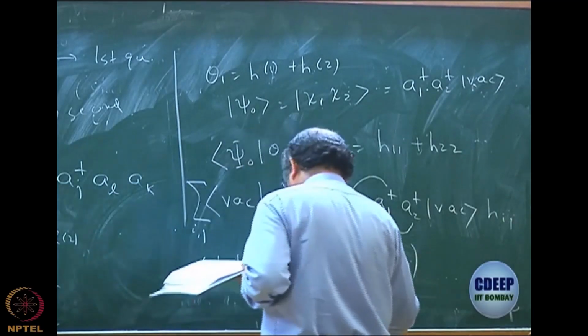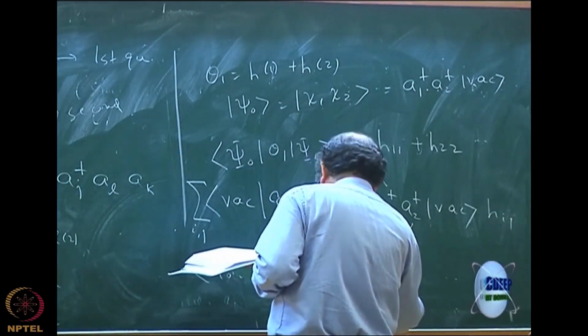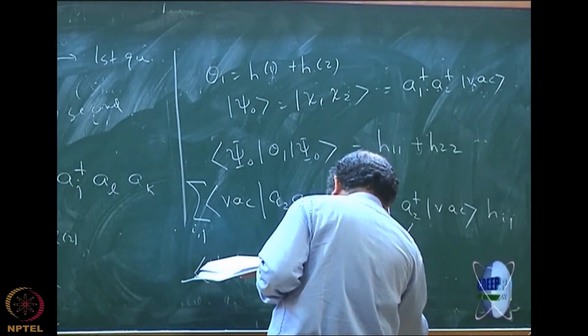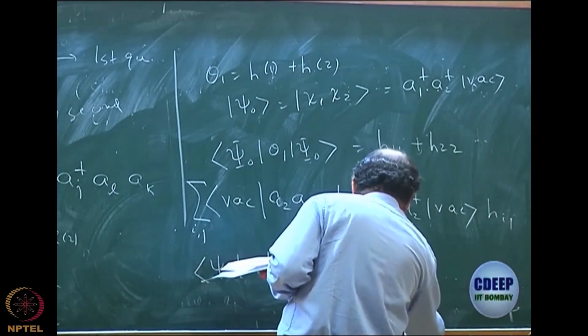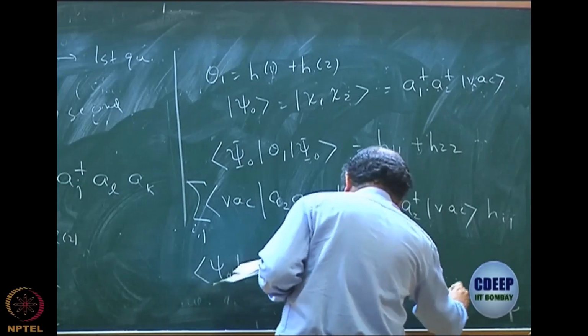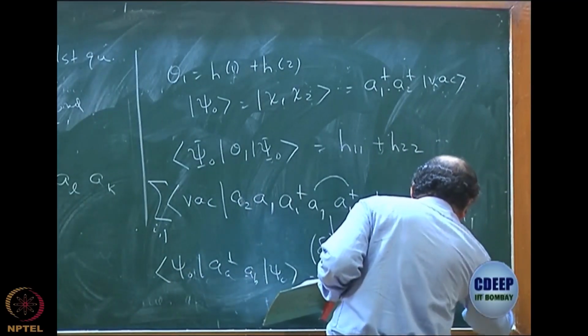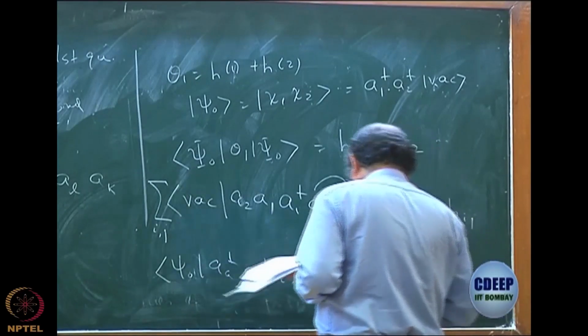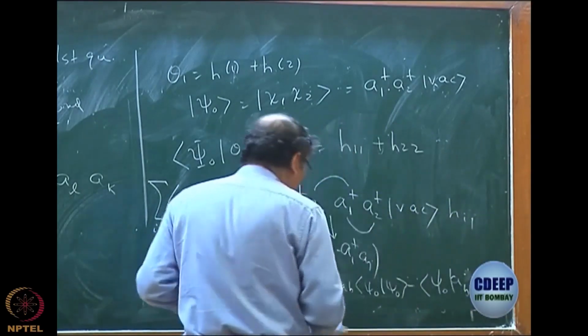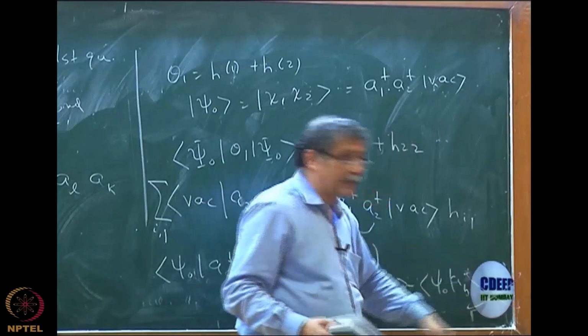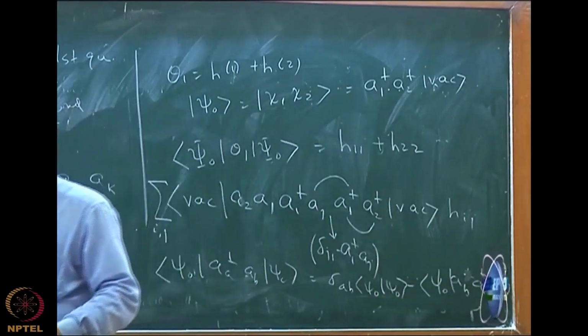You can anti-commute and you will get this as delta AB psi 0 minus psi 0 AB A dagger psi 0. And then since A dagger is an occupied orbital, it will act on the psi naught to give you 0.